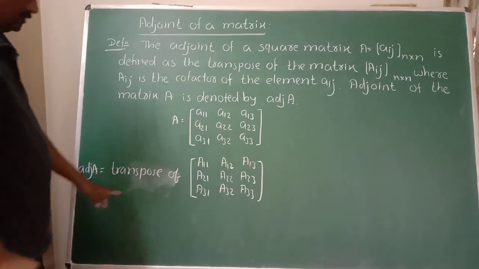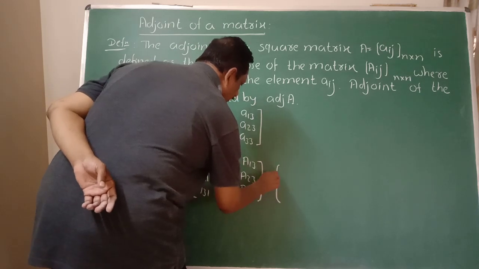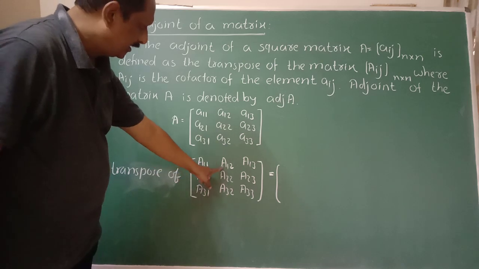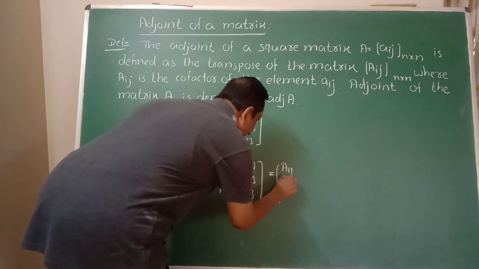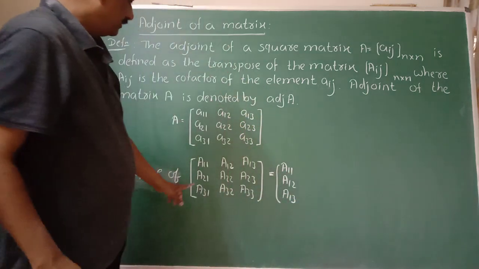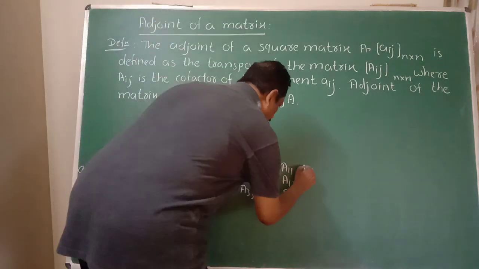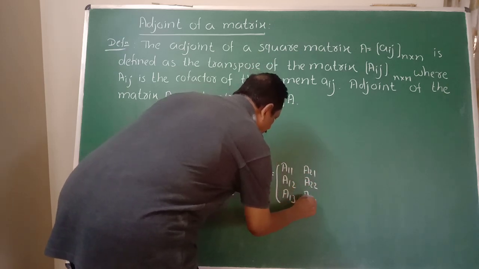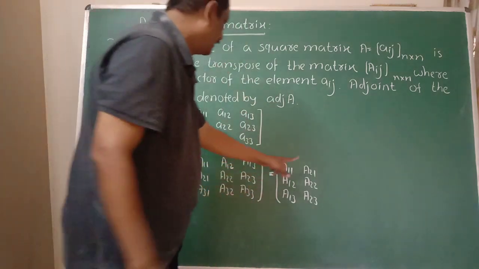Transpose means we just change the rows and columns. So this is equal to the transpose of this cofactor matrix: A11, A12, A13 is written as the column. So A11, A12, A13, then A21, A22, A23 written in the column, then A31, A32, A33 written in the column.